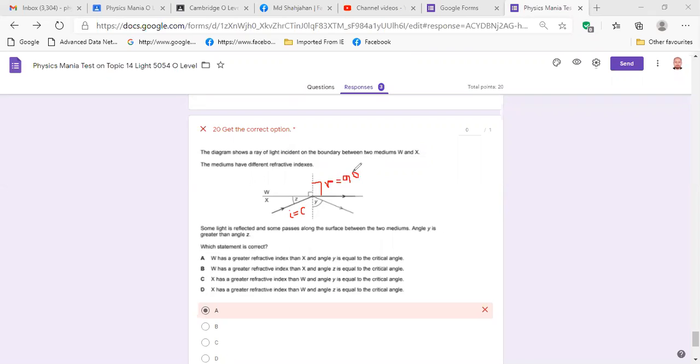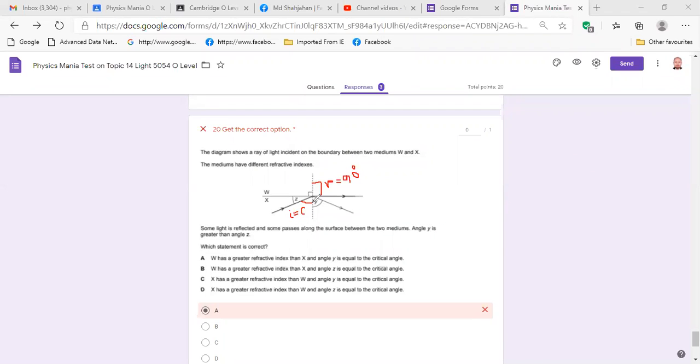Observe it and try to think. This is our angle of incidence, which is critical, and this one is the weak reflected ray, right?